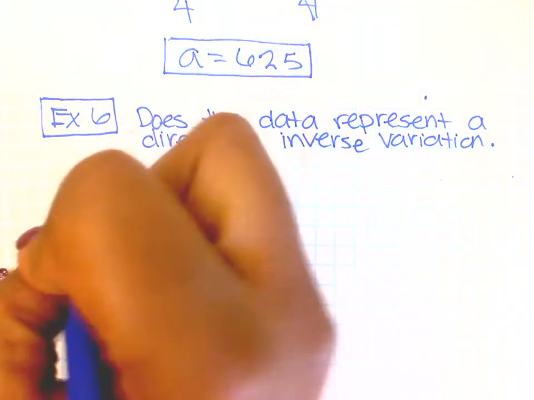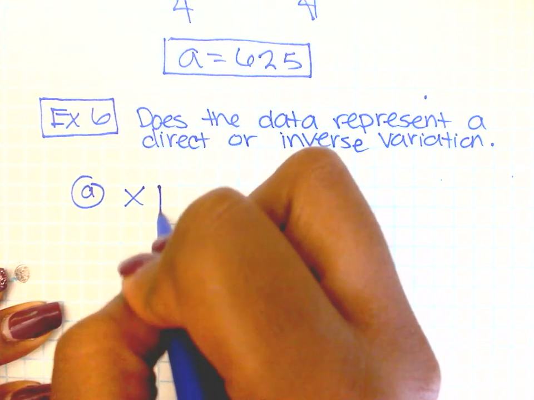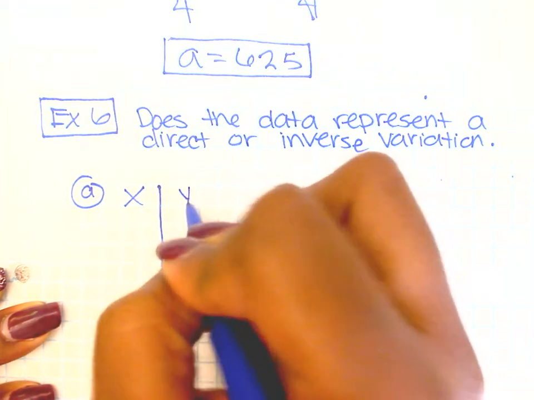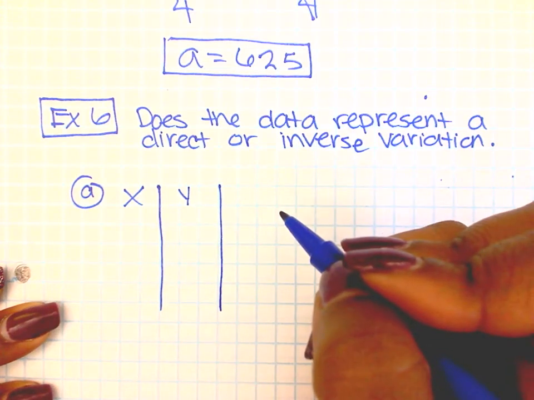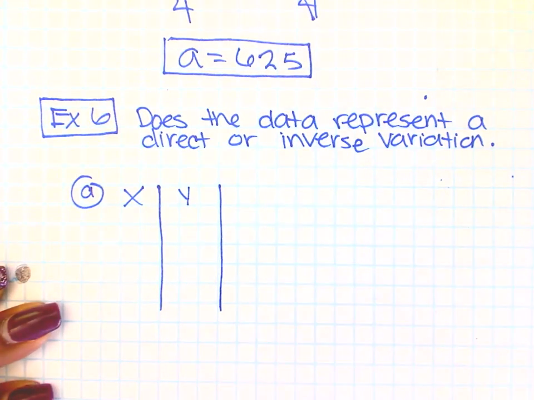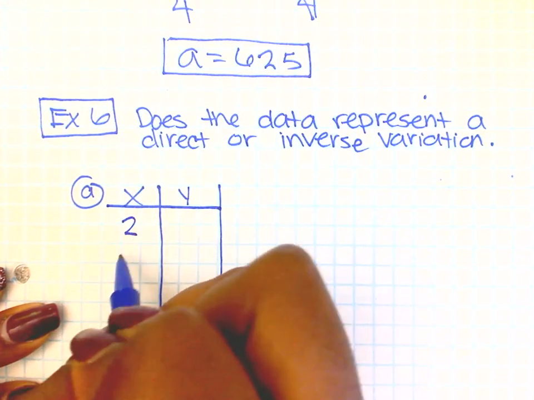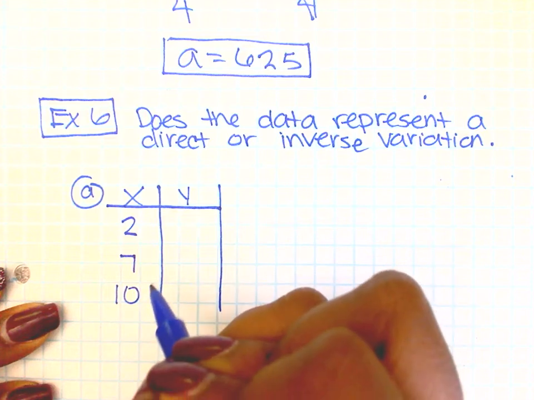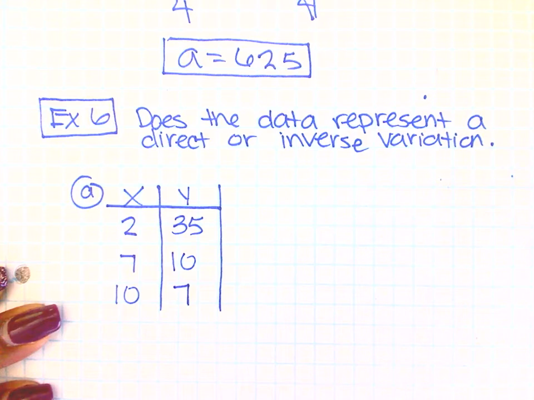Okay, so the first one looks like this. They're going to give you x and y: 2, 7, and 10, 35, 10, and 7.